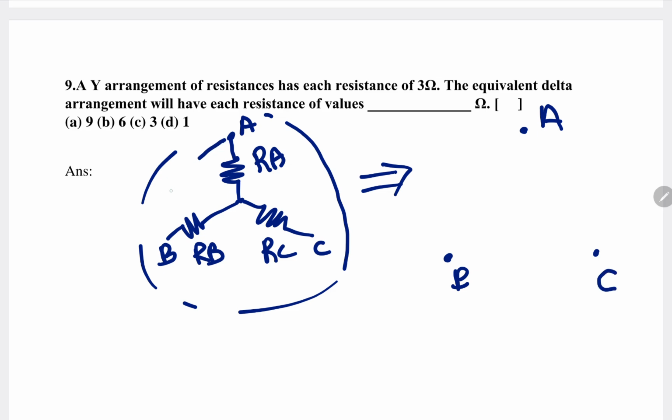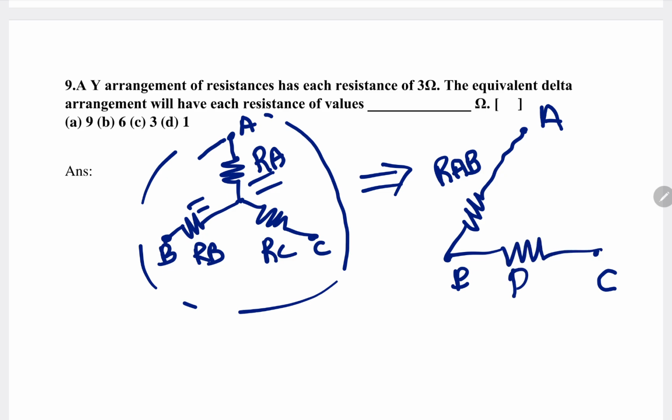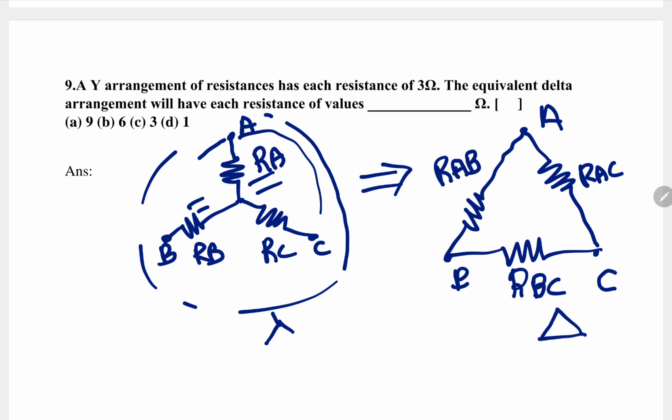Between A and B, the equivalent resistance connected between A and B, I am calling RAB. The equivalent resistance between B and C, I am calling RBC. And between A and C, I am calling RAC. So now this star network is converted into a delta network.